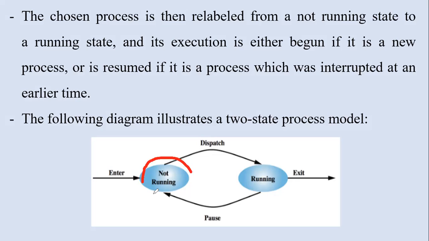Anytime when a process is not in charge or it's not holding the CPU, it tends to be in the not running state. But whenever a process has been allocated the processor and it's the one which is being executed, it's viewed as running. And those are what we call the two states of a process model.